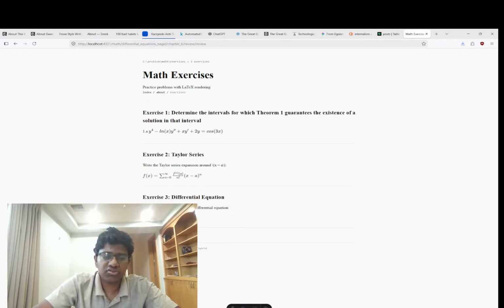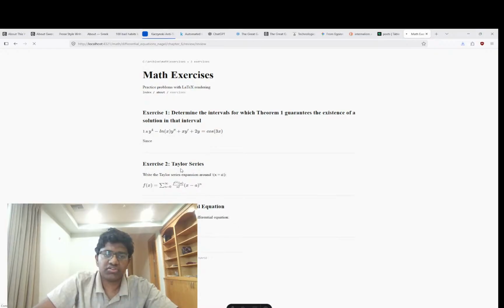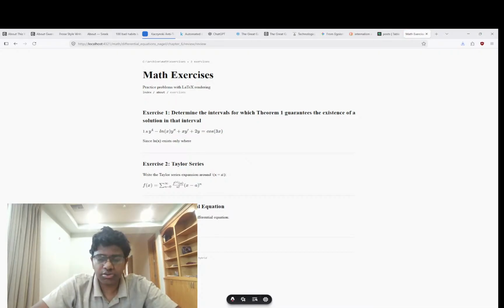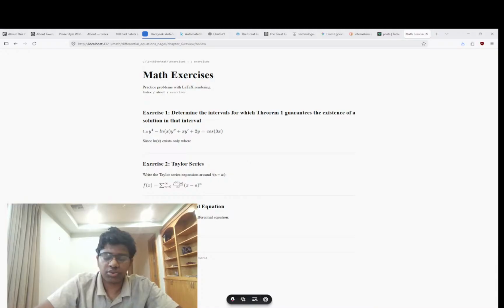So since ln of x exists only where, there are certain conditions which are the following. ln of x only exists where x is greater than 0.